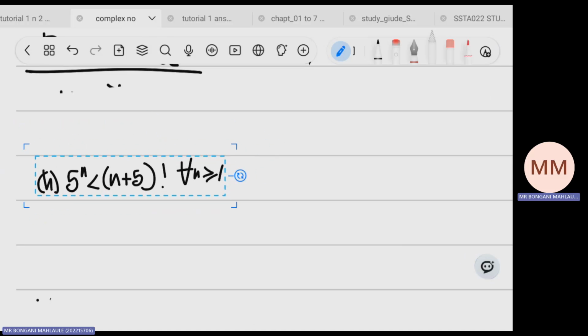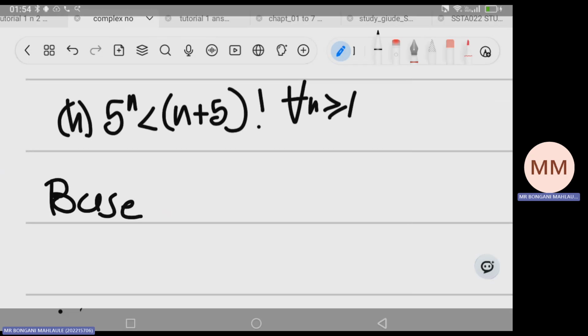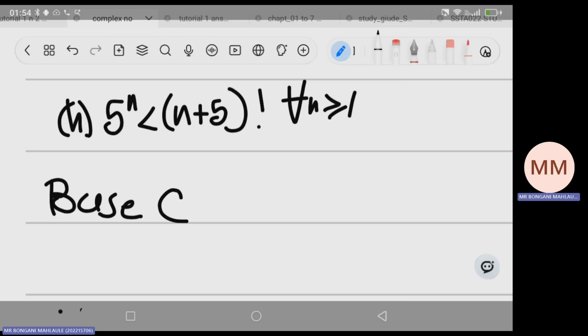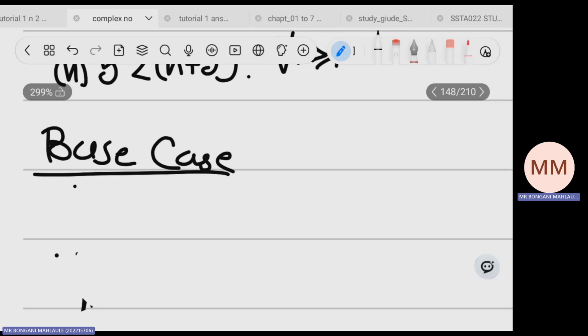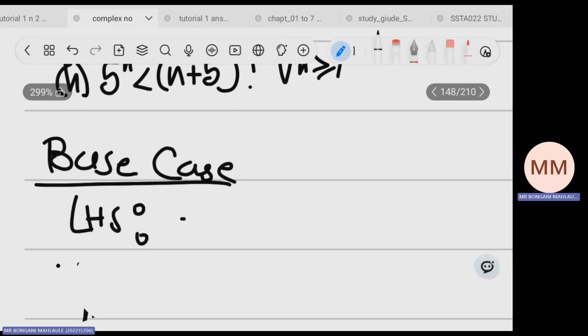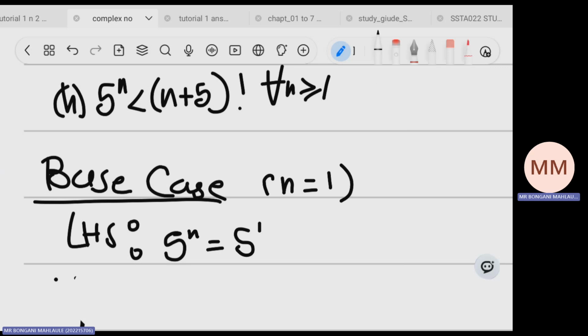Okay, the last one, letter H. So we can say that we have the base case. The left-hand side here would be equal to 5 to exponent n, which is 5 to exponent 1. We're checking for n equal to 1, and then this is just 5.